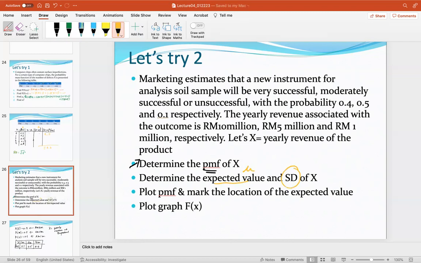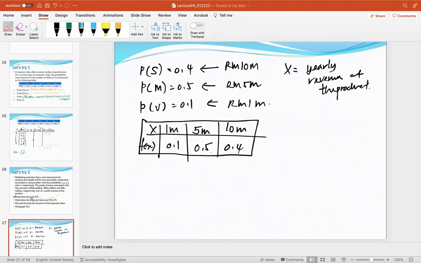Before we find the SD, we need to find the variance, right? So for the mean, we need to find the mean first. This is A, this is B. The mean is quite simple: 1 million times 0.1 plus 5 million times 0.5 plus 10 million times 0.4.